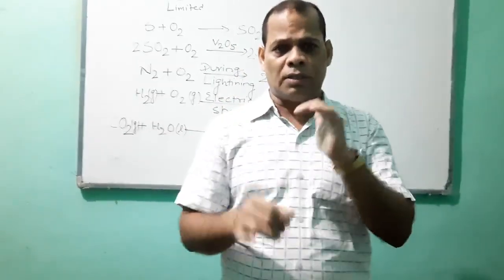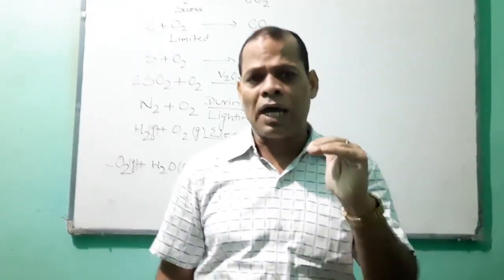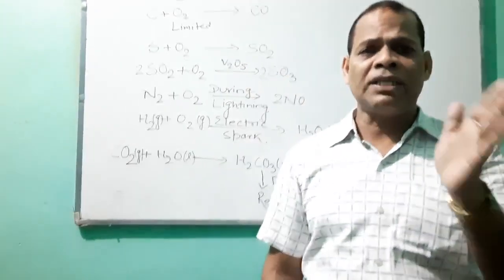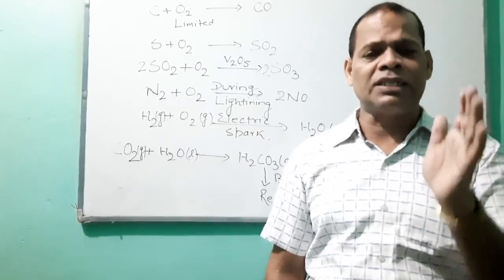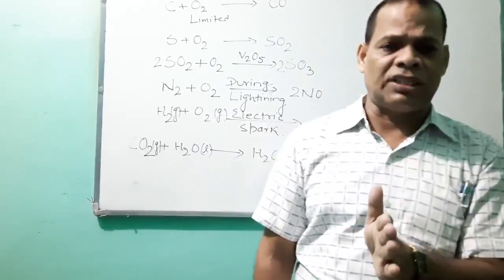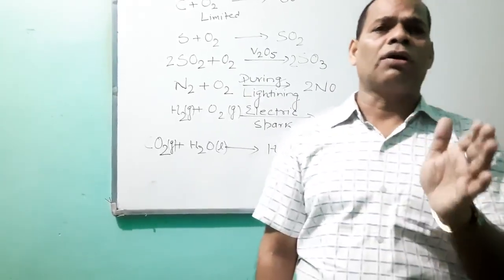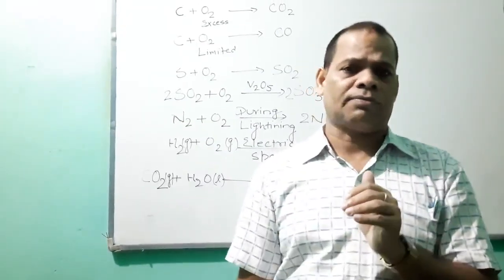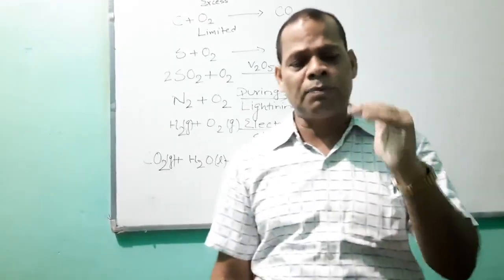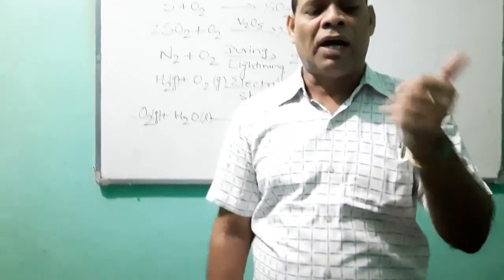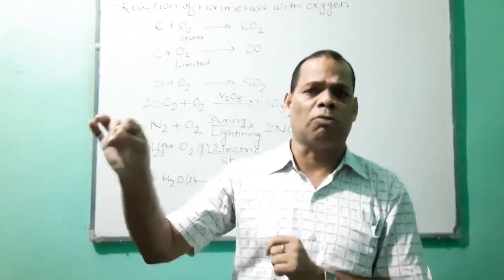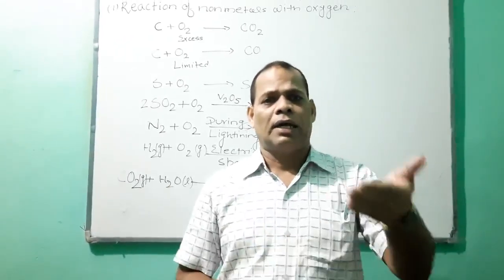That's why the metals which are higher above hydrogen can displace hydrogen from their compounds, like dilute acid, or from water. Those metals which are higher up than hydrogen react with water and displace hydrogen in the form of hydrogen gas.